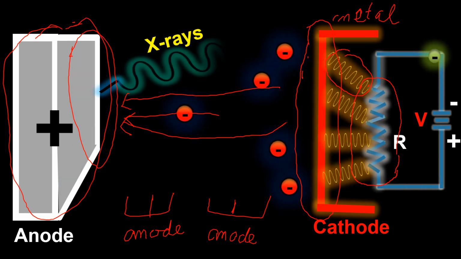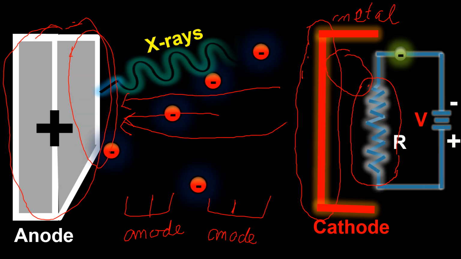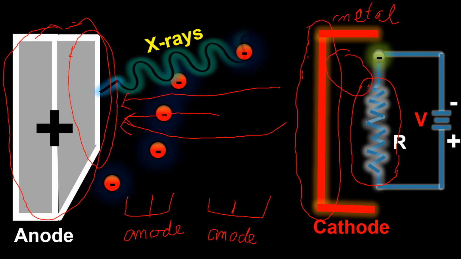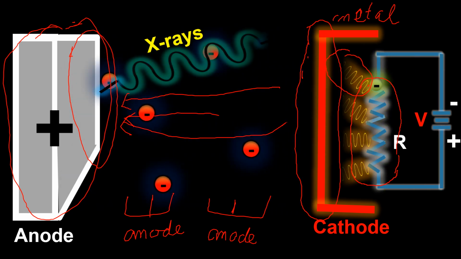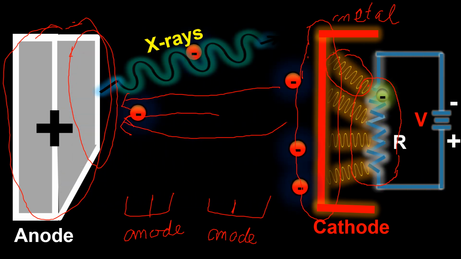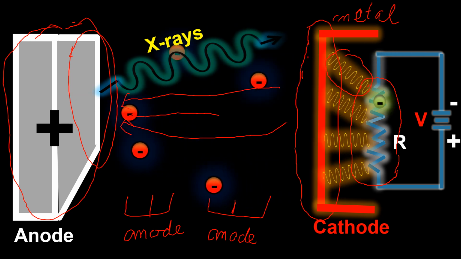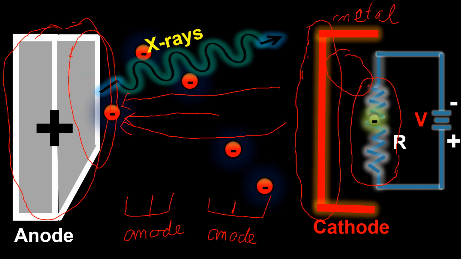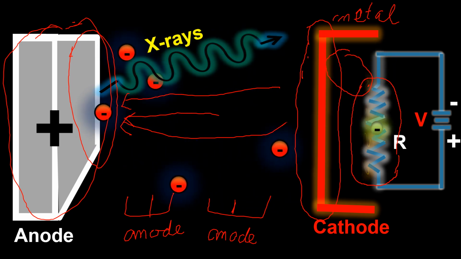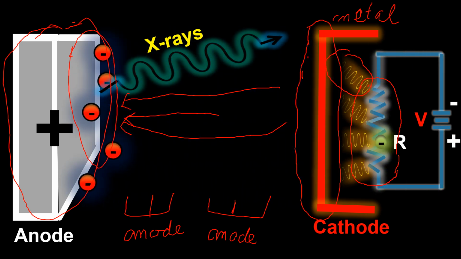Now if we explain in simple words the internal setup of the X-ray tube, student, the X-ray tube consists of a heating filament, and this heating filament is connected with a high potential source. Near the heating filament there is a cathode.